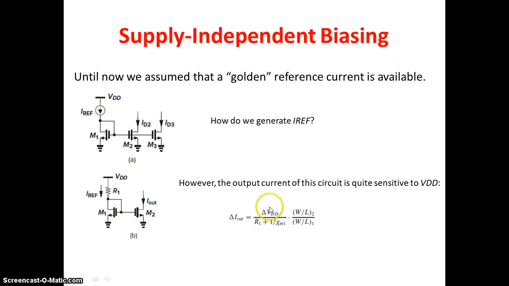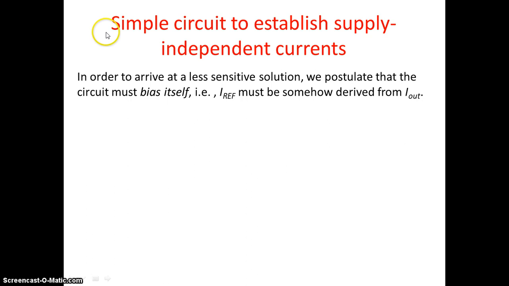Now here it has a dependence on the VDD supply. How can we overcome this? That is nothing but supply independent biasing. Let us consider a simple circuit to establish a supply independent current source. The main idea is that, in order to arrive at a less sensitive solution, we postulate that the circuit must bias itself.